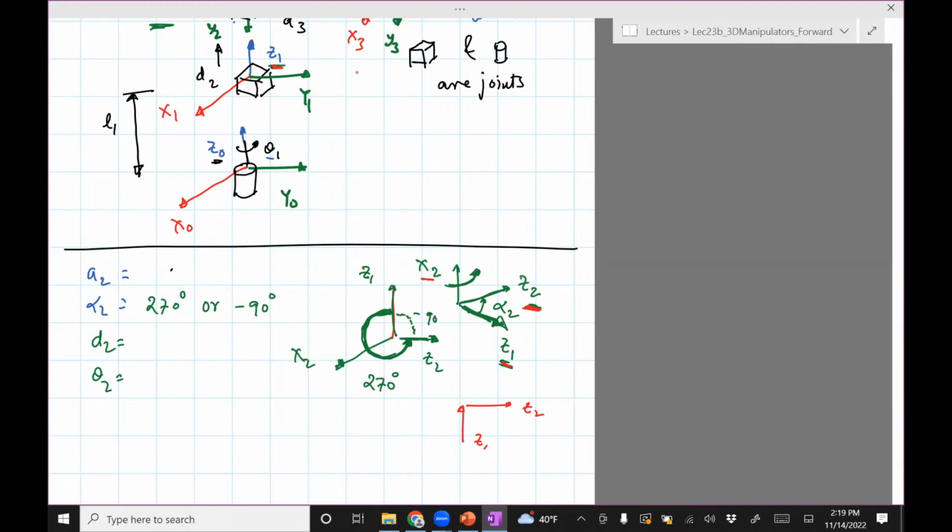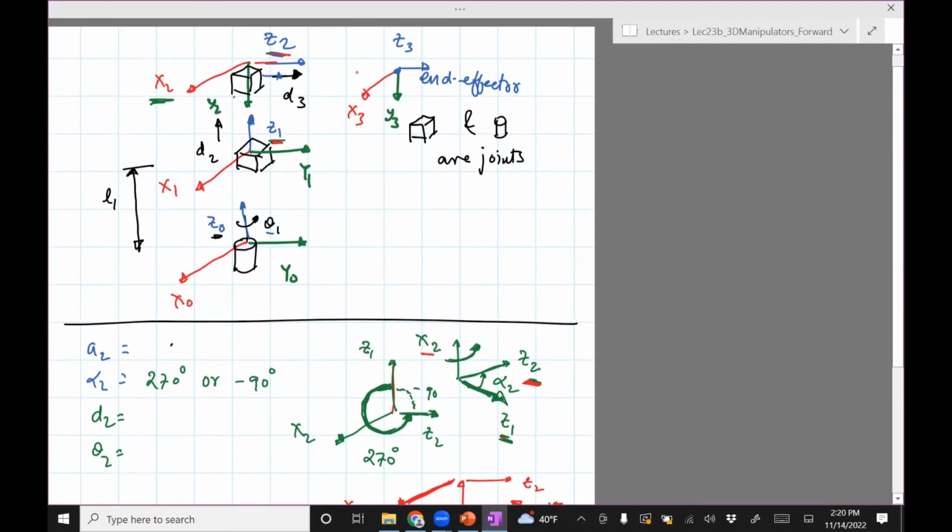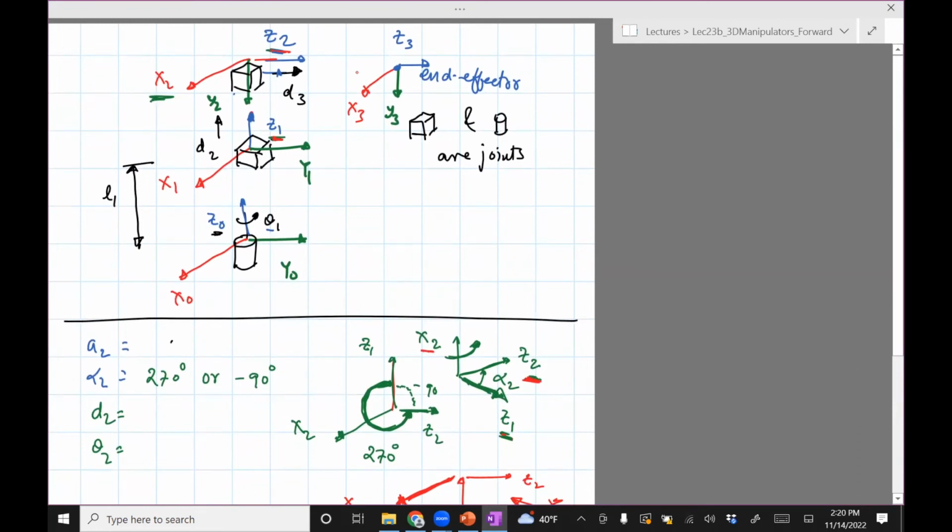We're trying to figure out the distance between those two along the X2 axis. So we need to look at it from the side, along this axis. We see that Z1 and Z2 are in one plane, and if they're in the same plane, then the distance along this axis has to be 0.